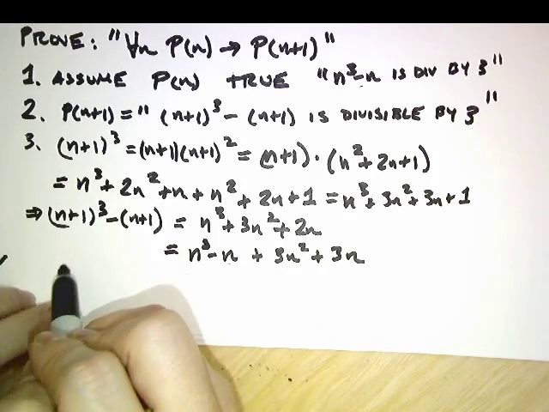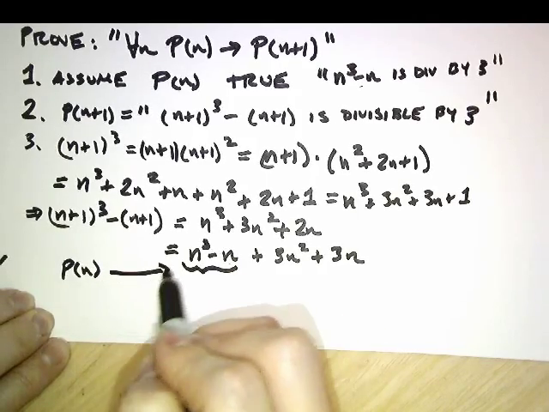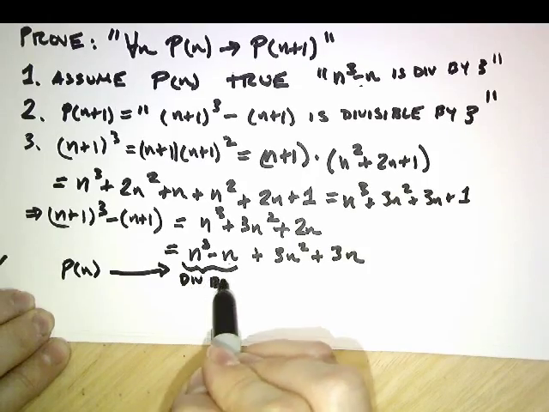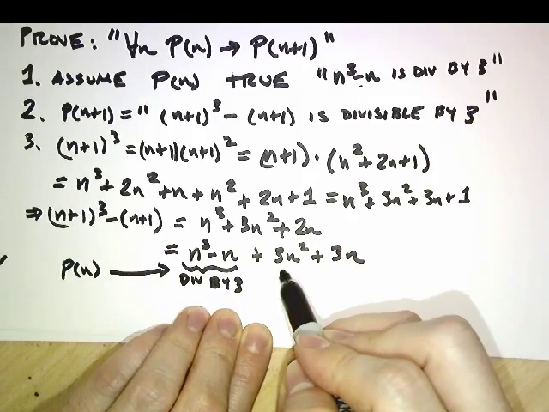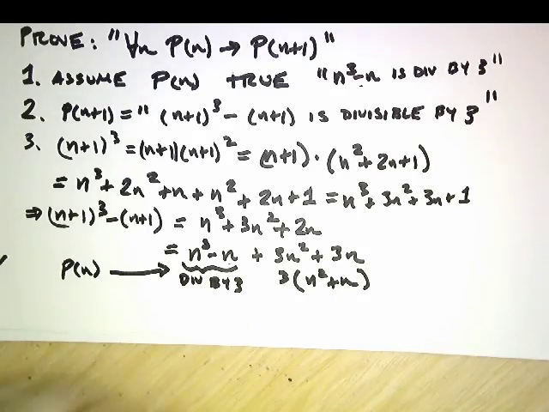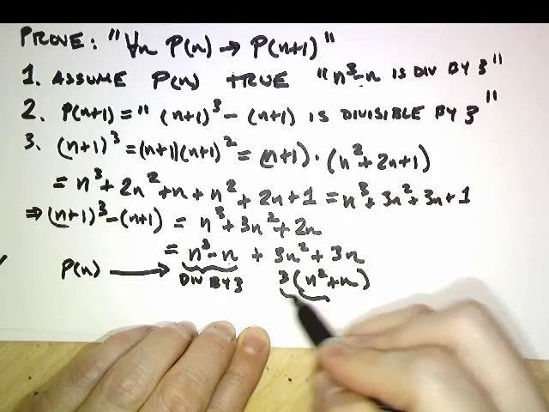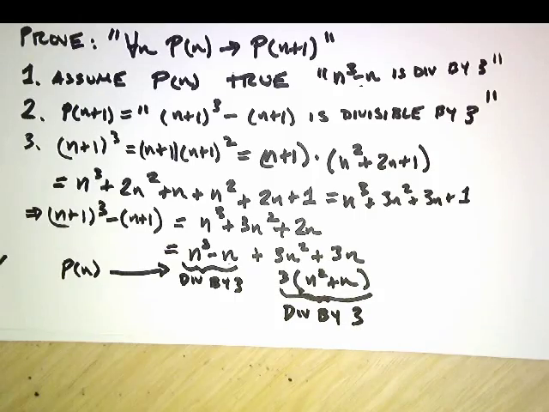Okay, and now we have an expression here that's more useful for us. So P of n implies that this quantity is divisible by 3. And here we can write this as 3 times n squared plus n. And this term is certainly divisible by 3, because there's a 3 sitting out here. So we've taken one term that's divisible by 3, and we've added another term that's divisible by 3.